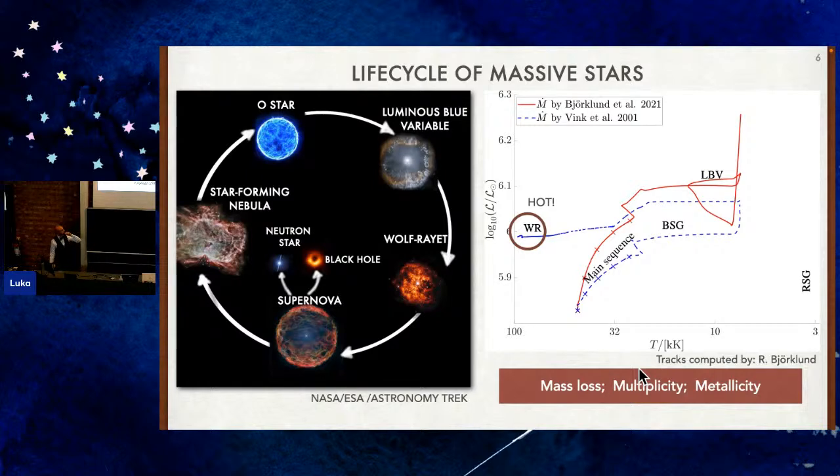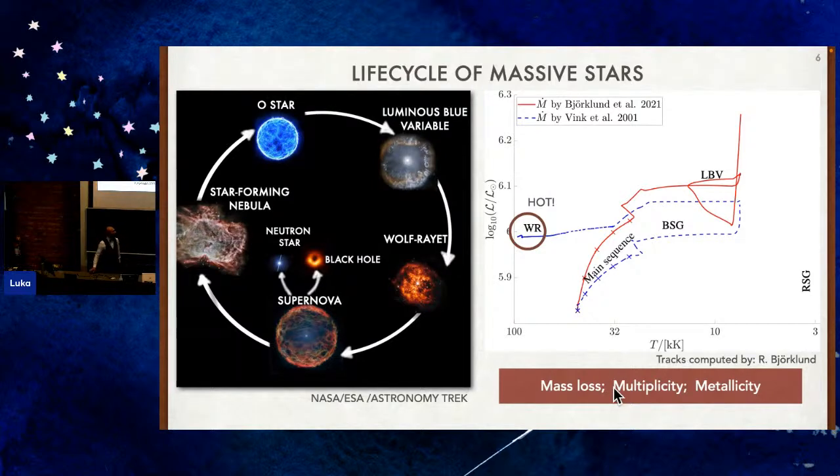If we track the change of temperature and luminosity, we arrive at the pathway that a star will take on this diagram, which we call the evolutionary track. On this example, I show evolutionary tracks for two stars that start their life with the same mass, but throughout their life they lose different amounts of mass. As you can see, the impact of mass loss on the evolution of the star can be very large.